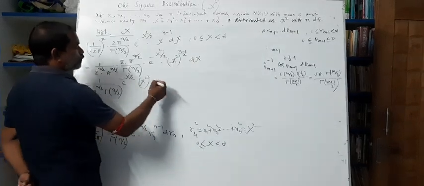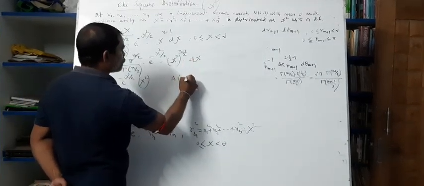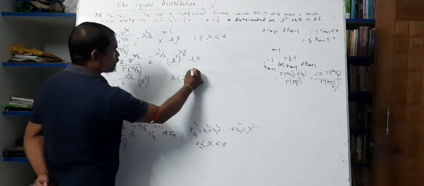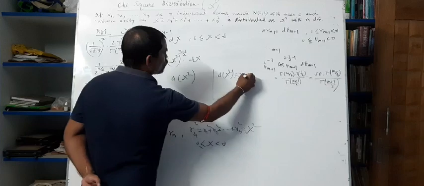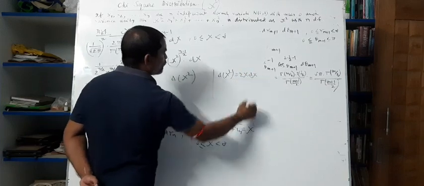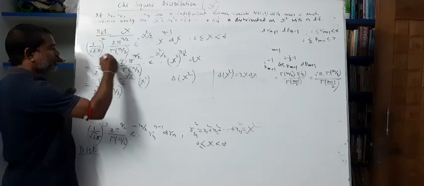From these we remove 1 chi, then d of chi square equals 2 chi d chi, and these two supply here.